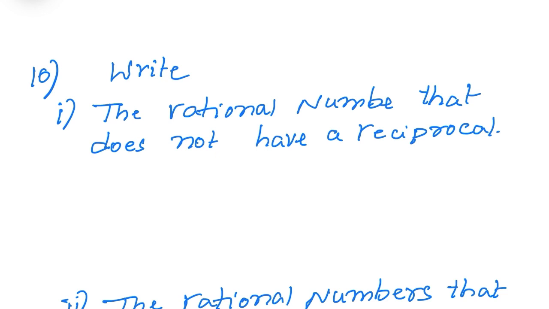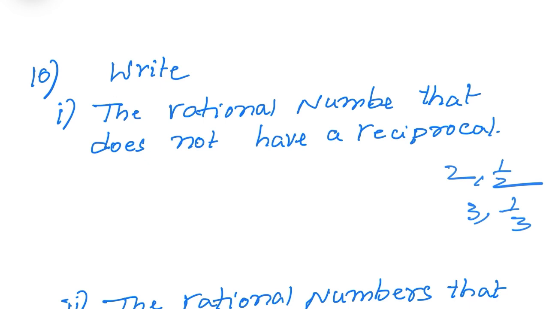10th question, you see there are some bits in it. Write the rational number that does not have a reciprocal. Remember children, reciprocal of a number means if 2 is given, its reciprocal is 1 by 2. If 3 is given, its reciprocal is 1 by 3. But for which number you cannot write like this?